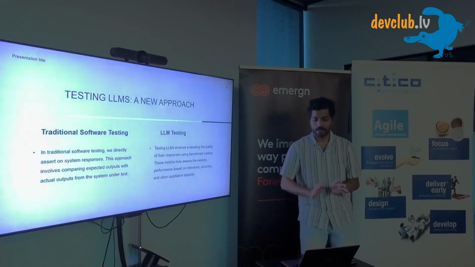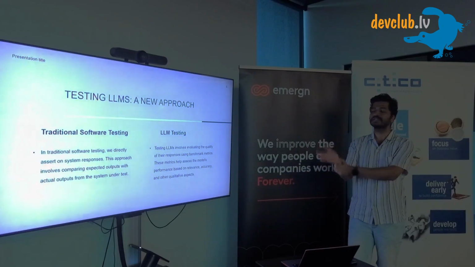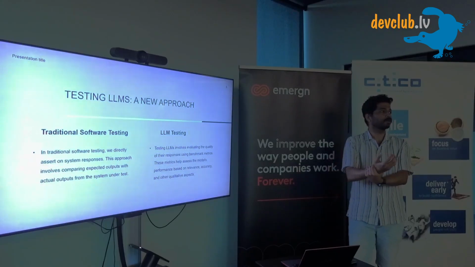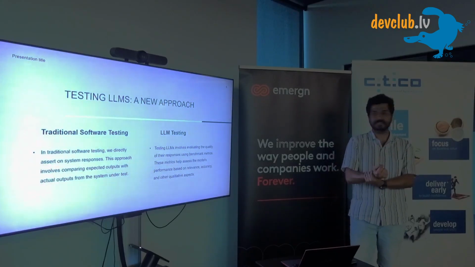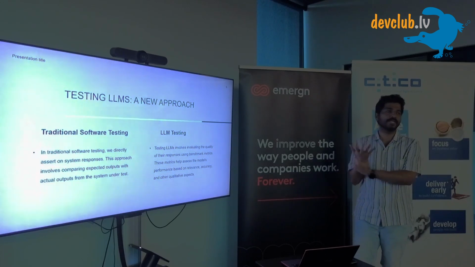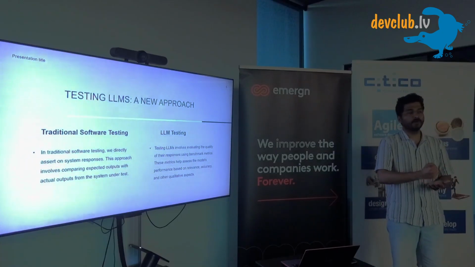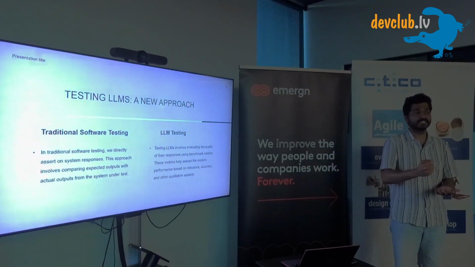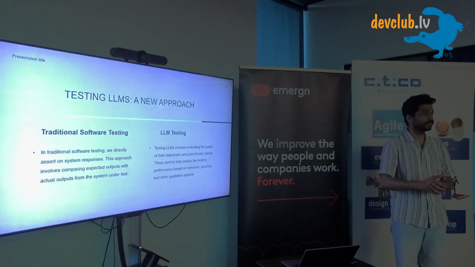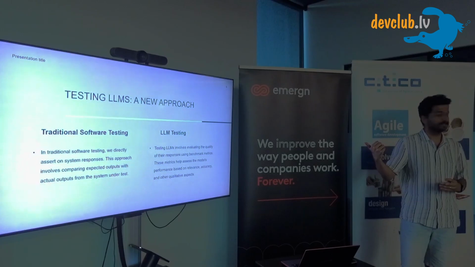Based on what we have seen so far, traditional software testing is all about the actual and expected result. But when it comes to LLMs, it's all about evaluating the LLM model and setting the benchmark. For example, ChatGPT 4.0 is way better than Gemini. That comparison is done when we go for LLM testing.